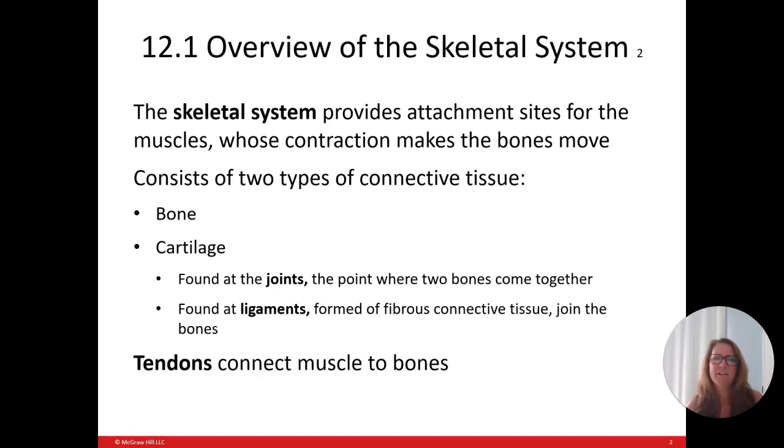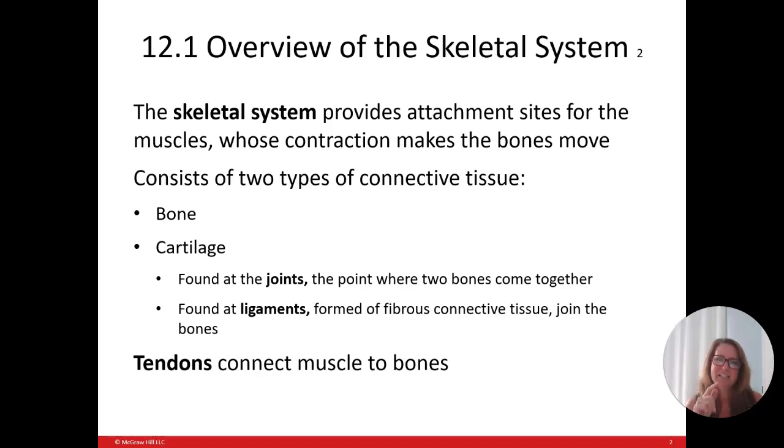Now, you might remember in the last module that we talked about 4 different types of tissues in animal bodies, and we talked about connective tissue. You might remember bone and cartilage, tendons and ligaments, joints, and even blood and fat are part of the connective tissue. So don't forget that.